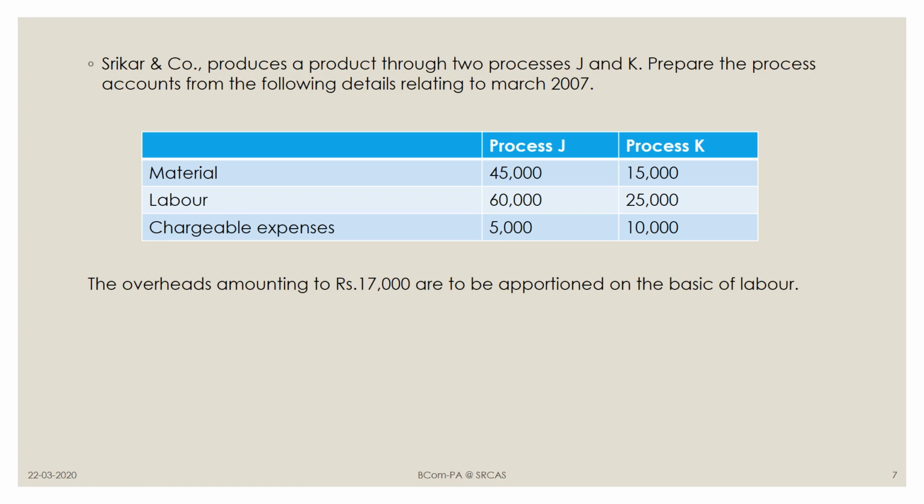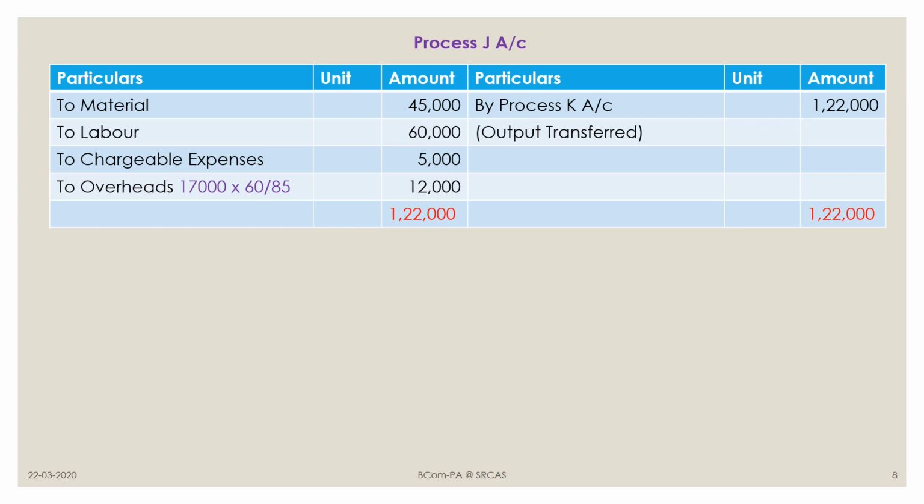This overheads is to be apportioned among process J and process K on the basis of labor, that is 60:25. Process J account. You are debiting all the expenses of process J account. Overheads is apportioned on the basis of direct labor.